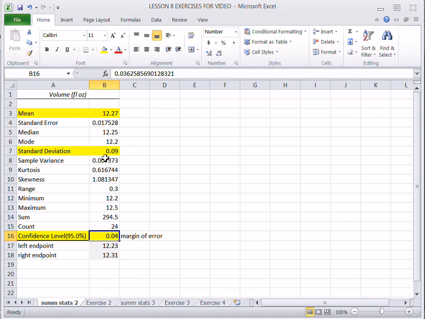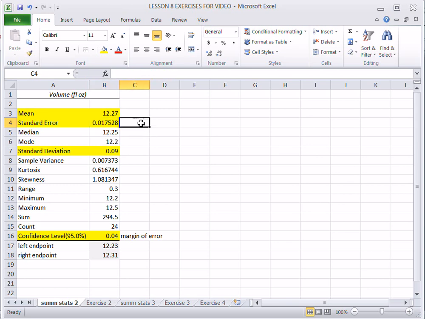All right, so the standard deviation of the original population is estimated to be 0.09. The standard error is how much a distribution of sample means varies, right? So remember, this 0.09 is how much the individual weights varied. This 0.0175 is how much the mean weights vary.